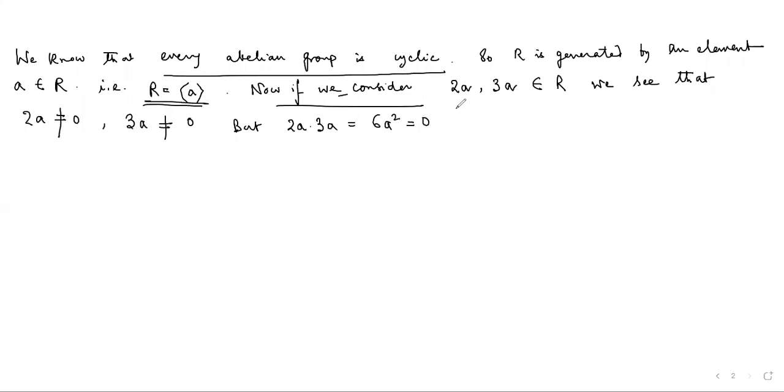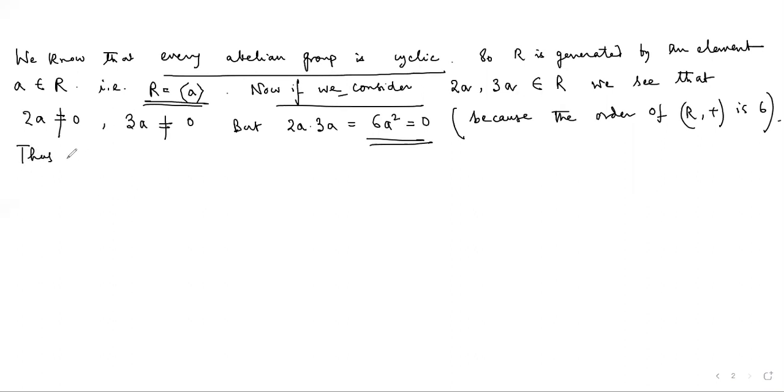This is 0 because the order of (R, +) is a finite group, so the order of (R, +) is 6, and therefore this will become 0. Some previous result I'm using from group theory, if you can recall.